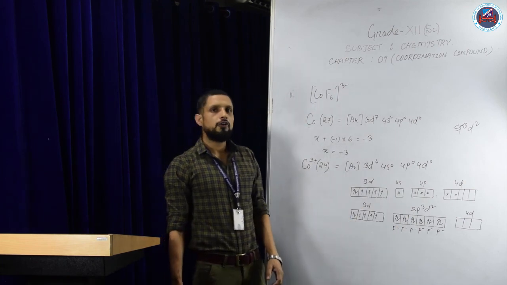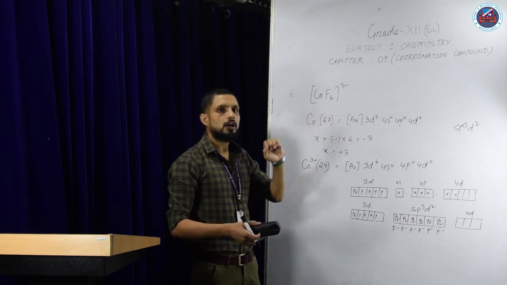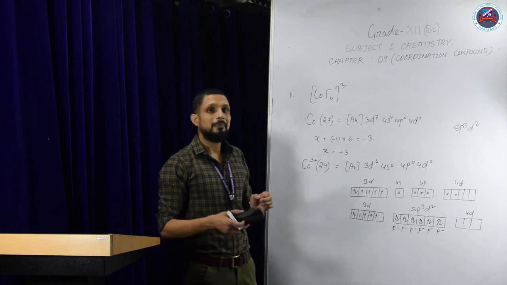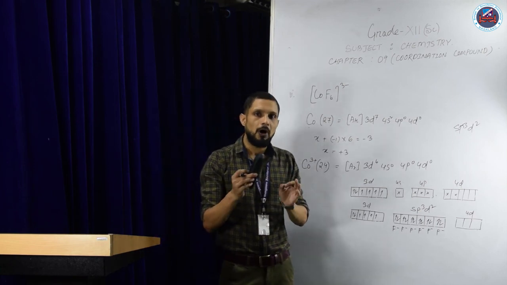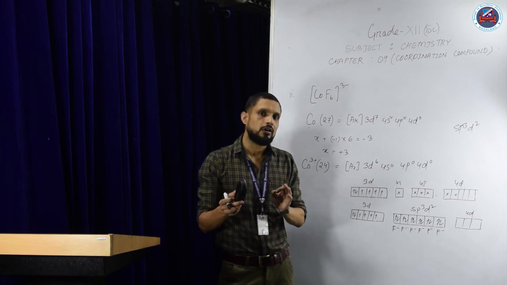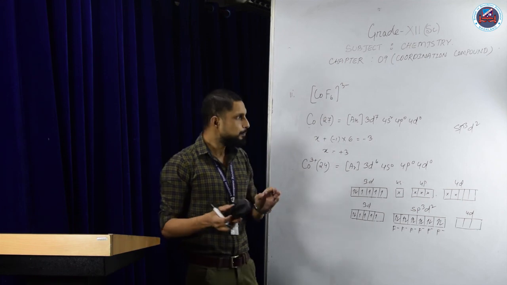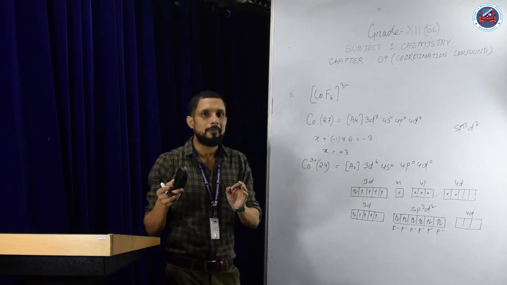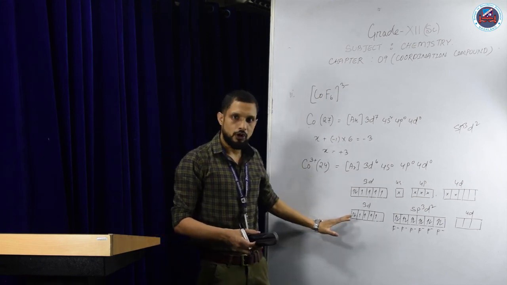So you can take more compounds and try to find out the hybridization, geometry, and magnetic property. Now, in case you have 2 compounds and you are asked to compare the paramagnetic character, you do the valence bond approach.